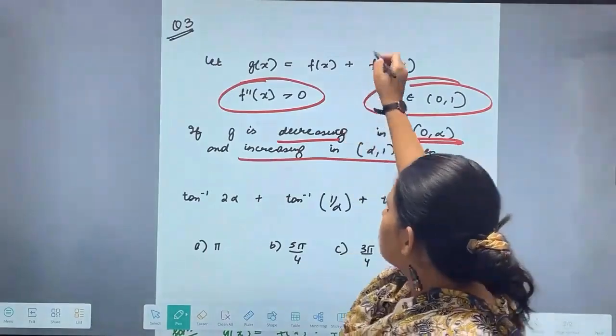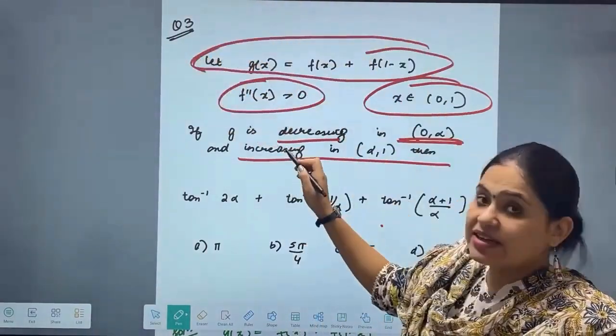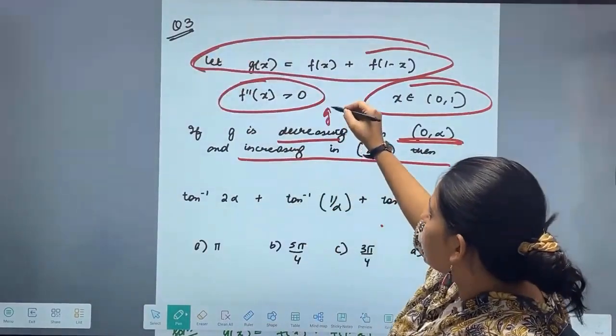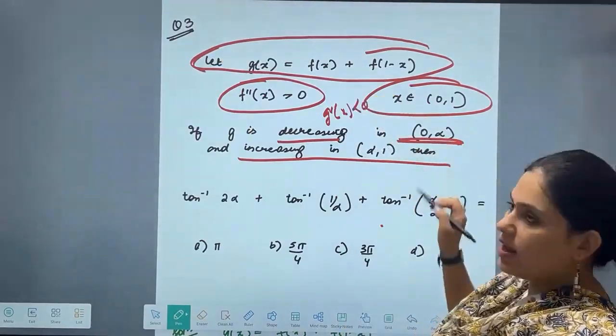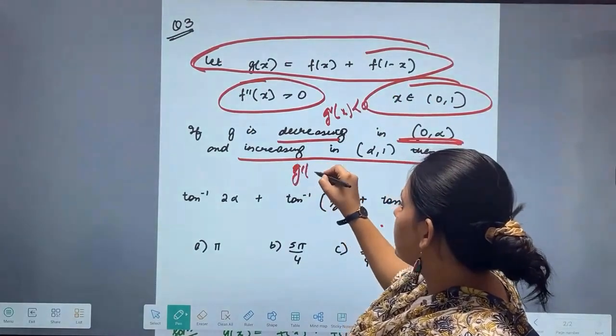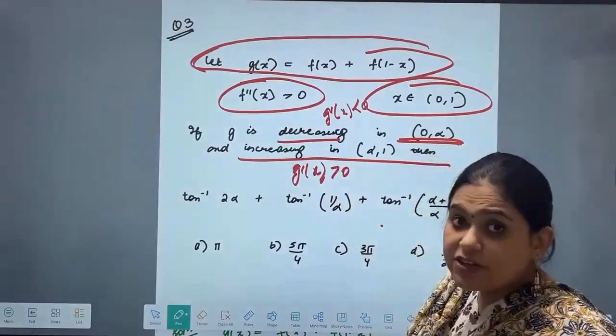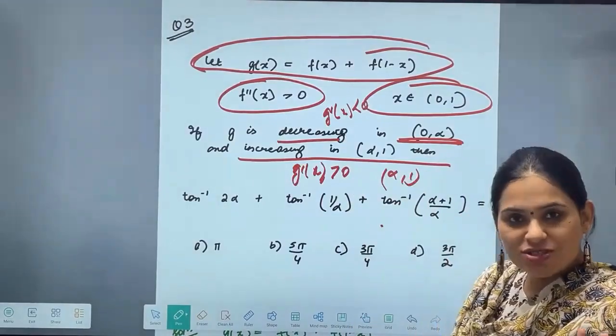So this g function is decreasing, meaning g dash x would have been less than 0 in which interval? In 0 to alpha. And g dash x would have been greater than 0 in which interval? In alpha to 1.